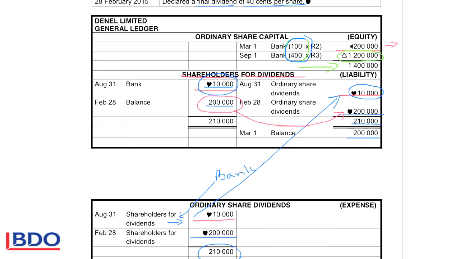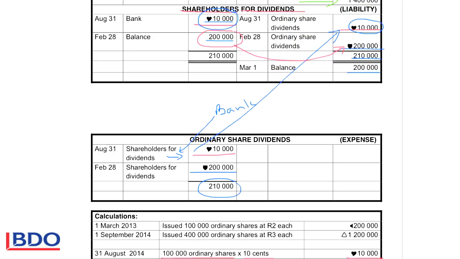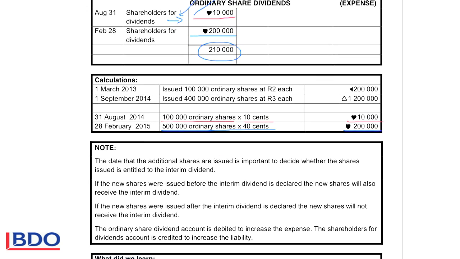You must pay attention to the information that is provided to you. The dates that they provide are very important. The date that the additional shares were sold will determine whether those shareholders are entitled to the interim dividend or not. If these new shares were issued before the interim dividend is declared, the new shares will also receive a dividend.